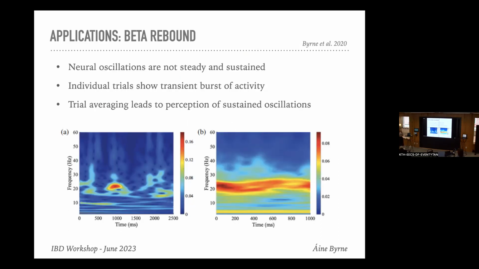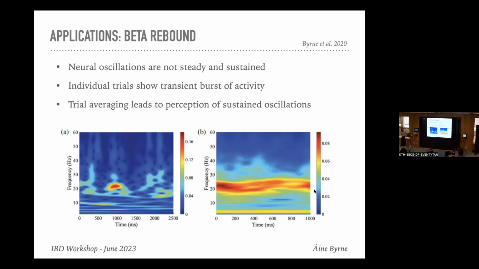If you look at individual trials, there are bursts of activity in the beta band at individual times. Even if you're just looking at resting state data, you see bursts of activity rather than a real increase in activity.